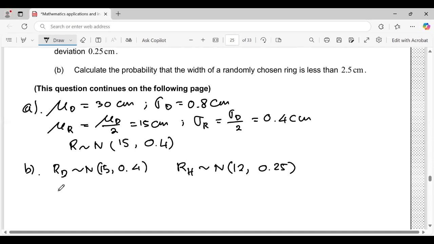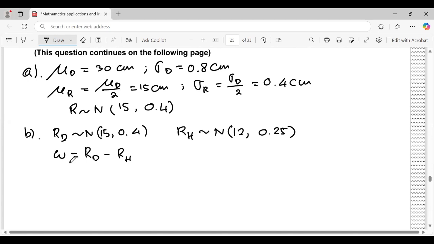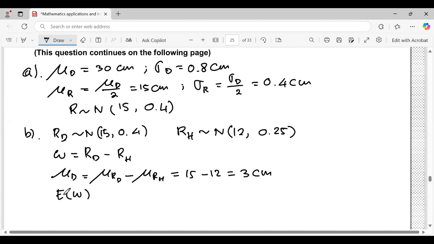So the width of the ring we can determine through this formula, W equals RD minus RH. Mean of the width, mu W equals mu RD minus mu RH equals 15 minus 12, and it is 3 centimeters. So E(W) or mu W equals 3.